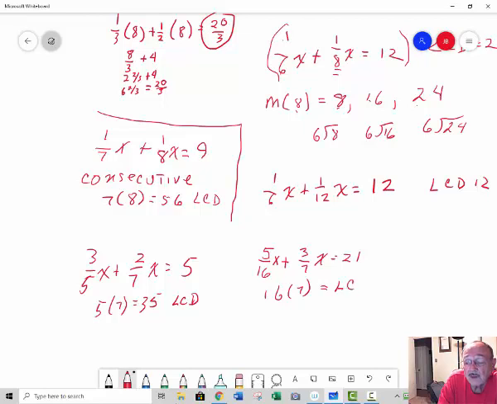And that's what you're looking for. If you want to clear that fraction, 16 times 7, that would be what, 42, 112. I would multiply everything by 112 to clear that fraction out.